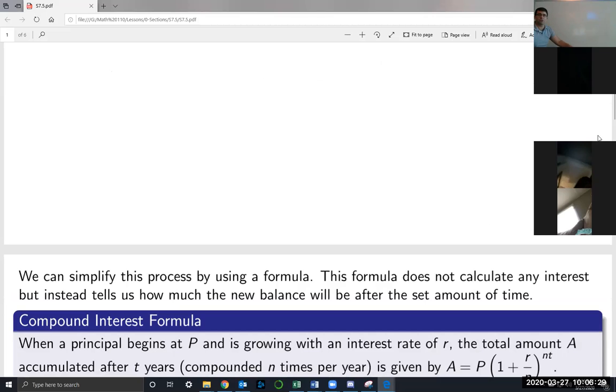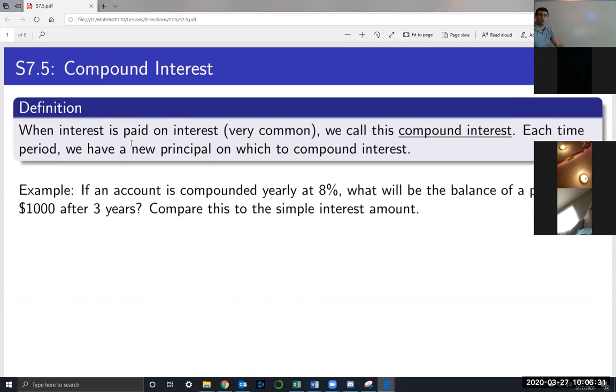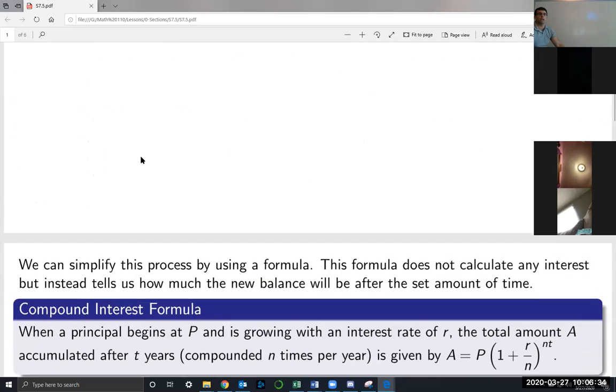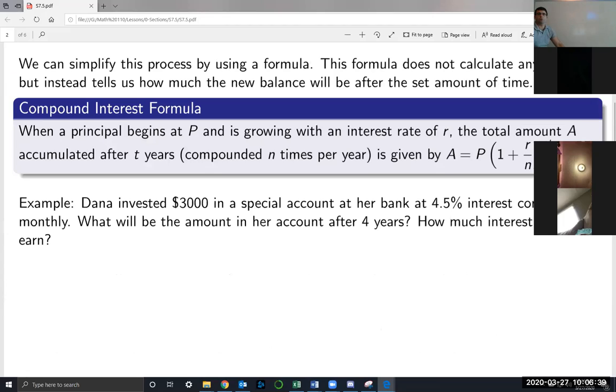Last time we started talking about compound interest, and we found that if you don't just compound interest at the very end of the term, if you compound it continually, then you get this kind of additive effect where every time you compound it, the previous amount gets added to the principal.